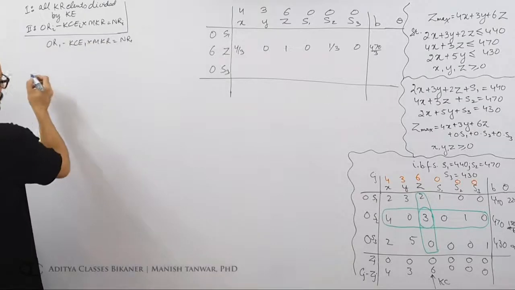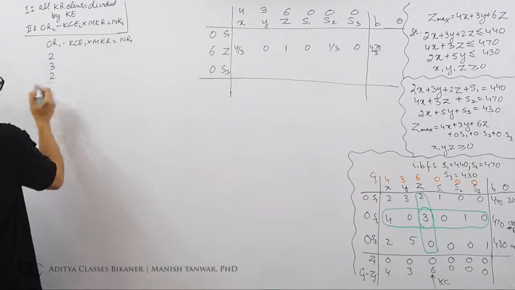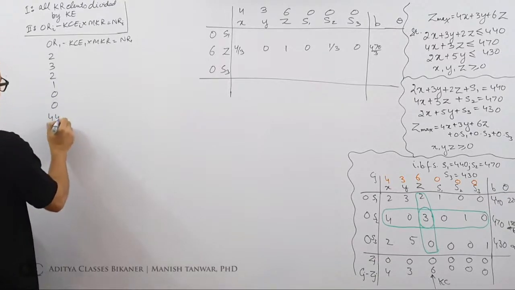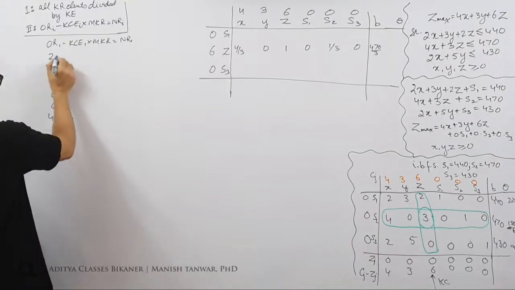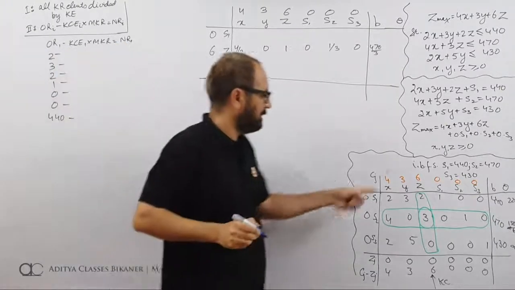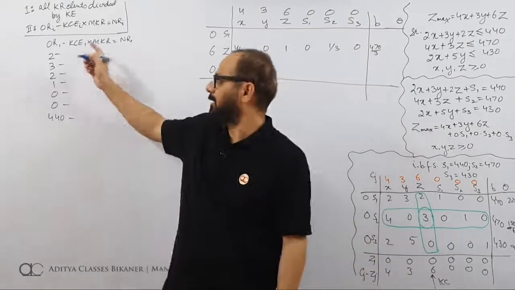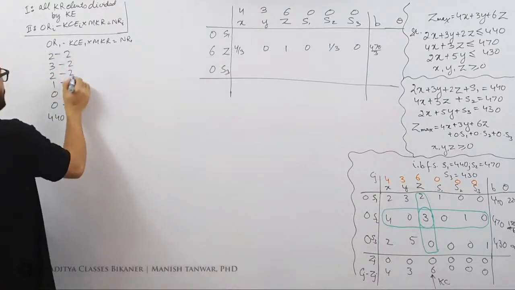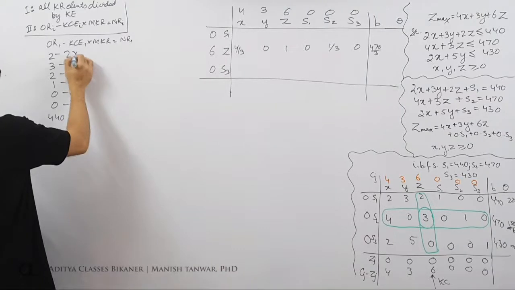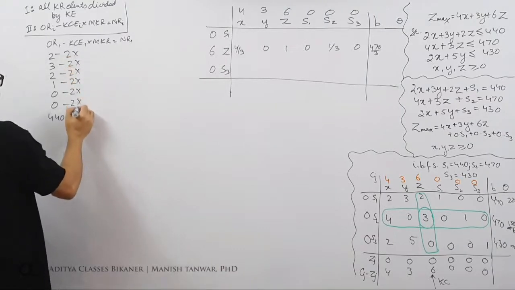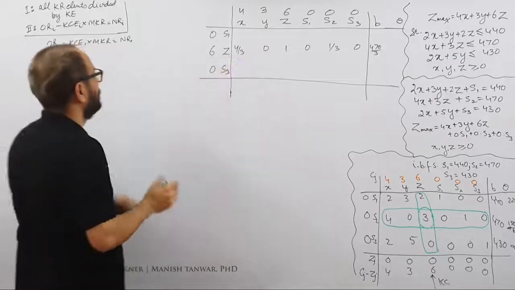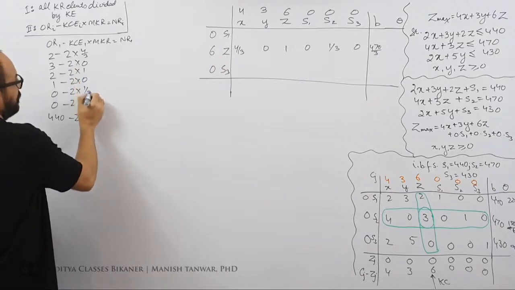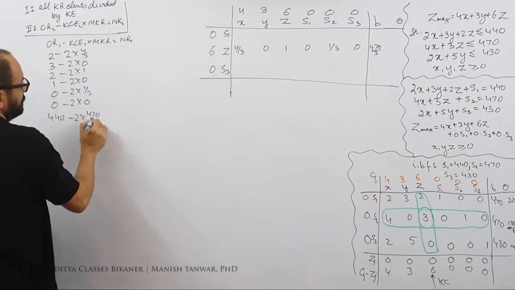Old row is 232, 100 and then there is a 440, minus key column element 1 multiplied by the modified key row. This is my modified key row: 4 by 3, 0, 1, 0, 1 by 3, 0, 470 by 3.